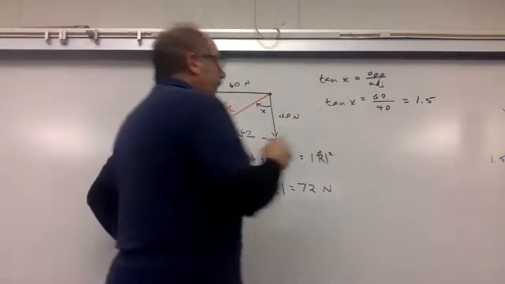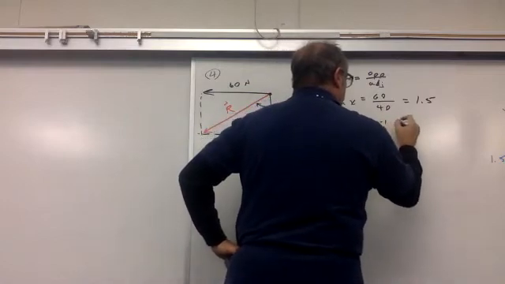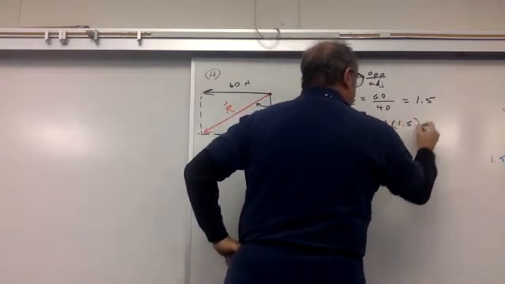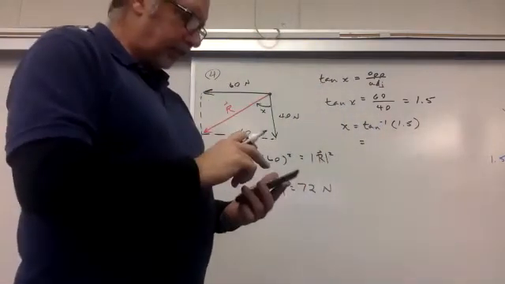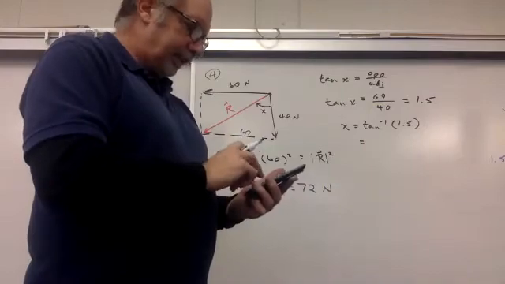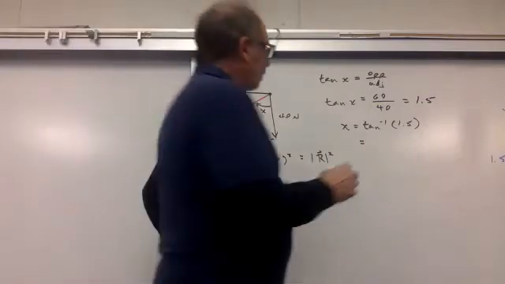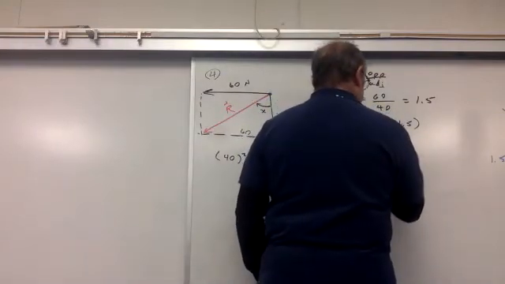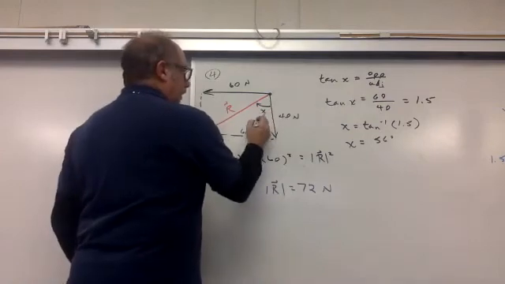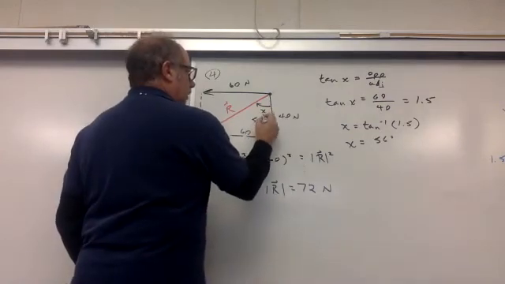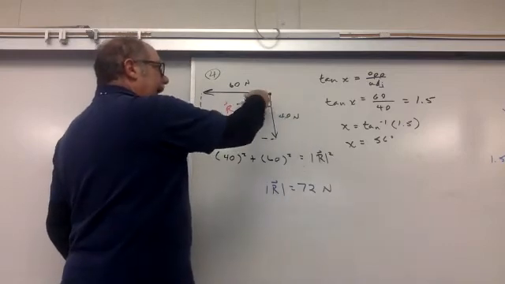Taking the inverse tangent of 1.5, I get 56 degrees. That 56 degrees is right here, which I'm adding to 180.